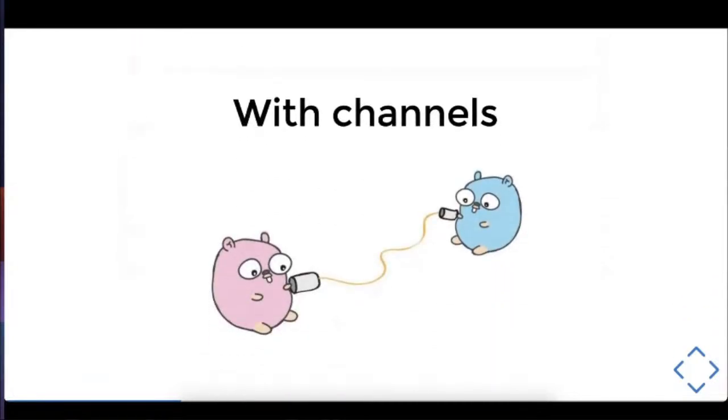Then another big feature is the channels. We can wait in the main thread for information or push data to the GoRoutine. Today, a real Golang application without channels and obviously GoRoutines doesn't exist, or it's really, really rare.